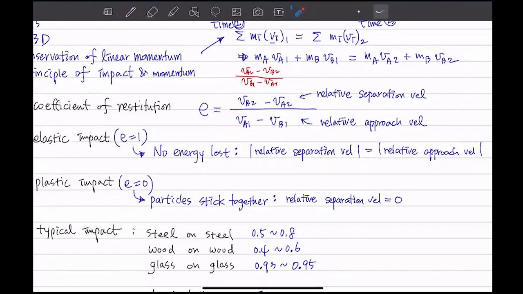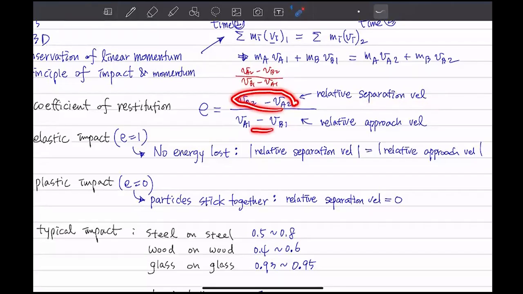So one thing you want to make sure of is that these two are crossed to each other, and B, they are crossed to each other like that. A and A are crossed to each other. But you don't want to make a mistake. The later time, or the separation, is the numerator.